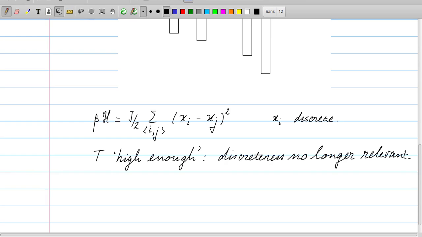For high enough temperatures, however, the height differences are usually a lot more than 1, and so in that case the actual discreteness doesn't influence the behavior of the model. It becomes irrelevant and we can neglect it. So at high enough temperatures, whatever that may be, the xi can be taken continuous, and then it will give still a good description of this roughening model.